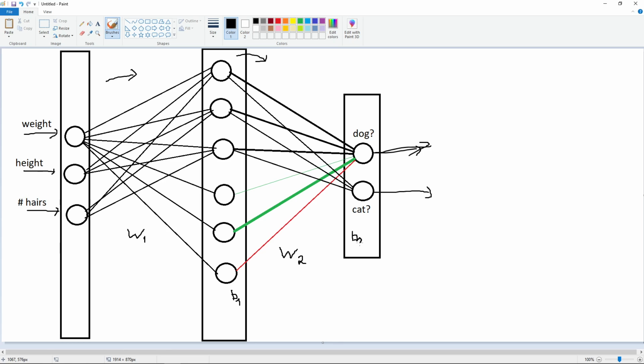We don't need a bias vector in the input layer because, well, the input is just the input. There's no need to opinionate on top of it. And so what we are going to do next is create these matrices and these bias vectors. And we are going to do that in the next video.